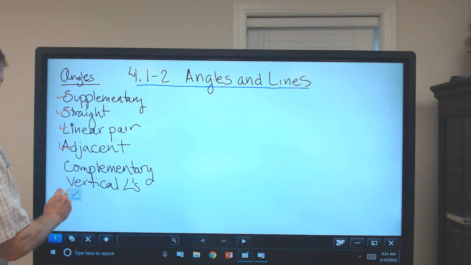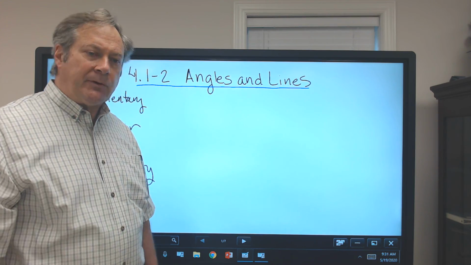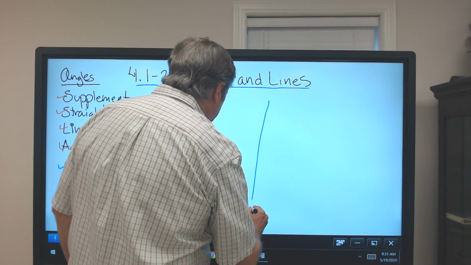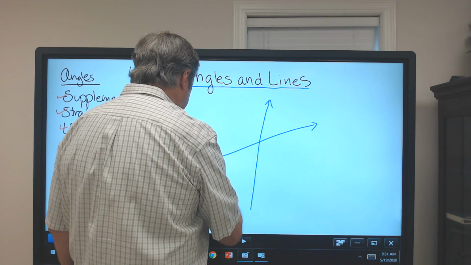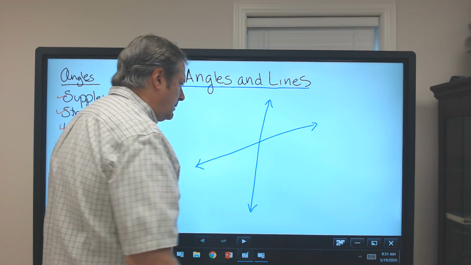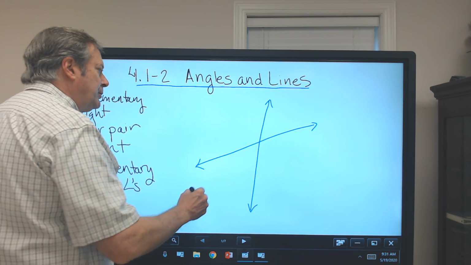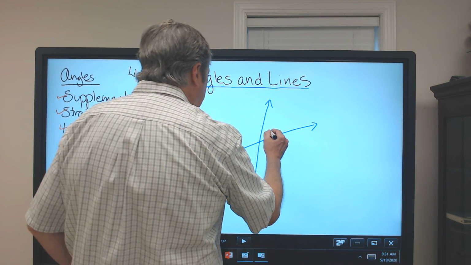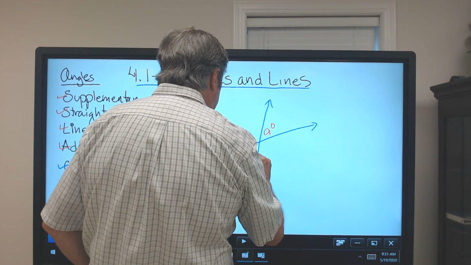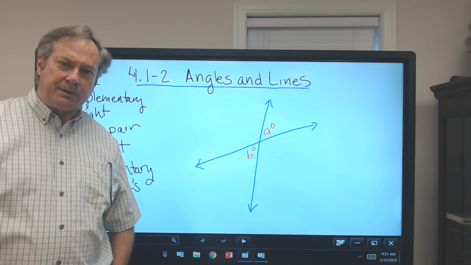See, we dealt with complementary. Now we're going to talk about vertical angles. Vertical angles always form an X. And what's cool about this is that with vertical angles, the ones across from each other are always congruent.